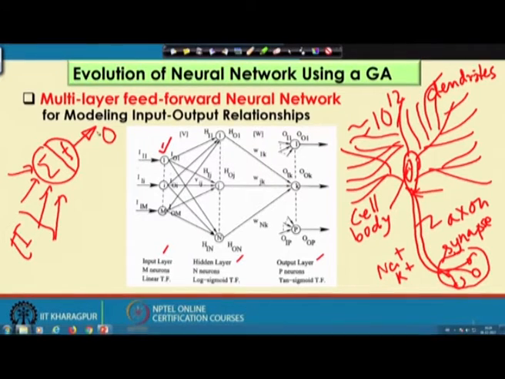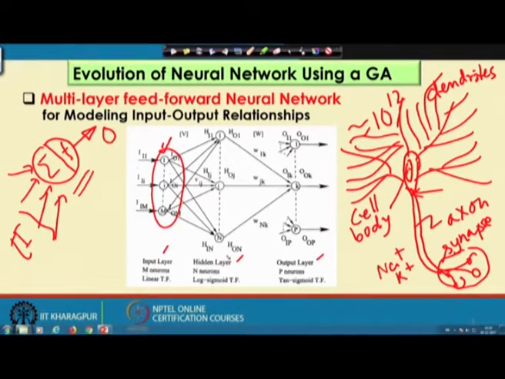So, the working principle of the biological neuron has been copied in the artificial way in this artificial neuron. Now, if I concentrate on a particular layer, say the input layer, I have got a large number of neurons here. For example, here I have considered 1 up to m. So, there are capital M number of neurons lying on the input layer.